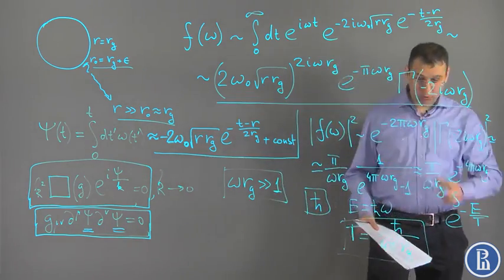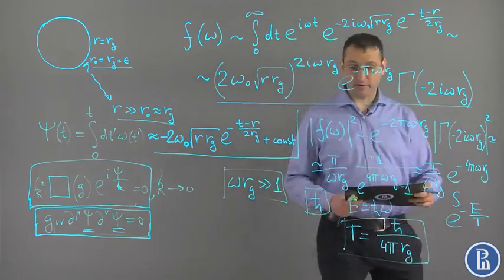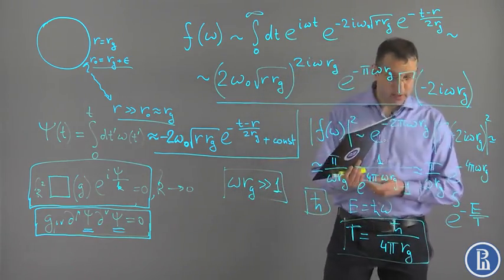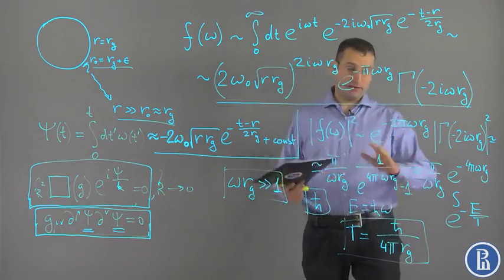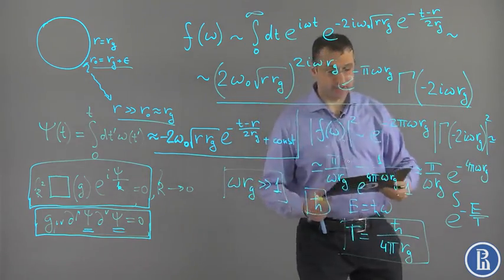So this is the so-called Hawking temperature describing Hawking radiation. Of course, Hawking radiation is a much more complicated process. It's quantum mechanical and demands a much deeper study than what we have done.